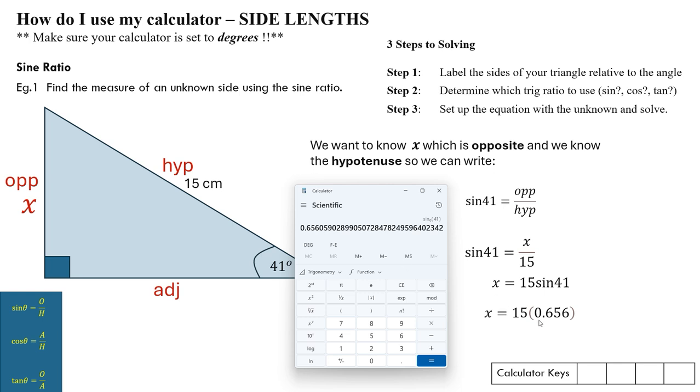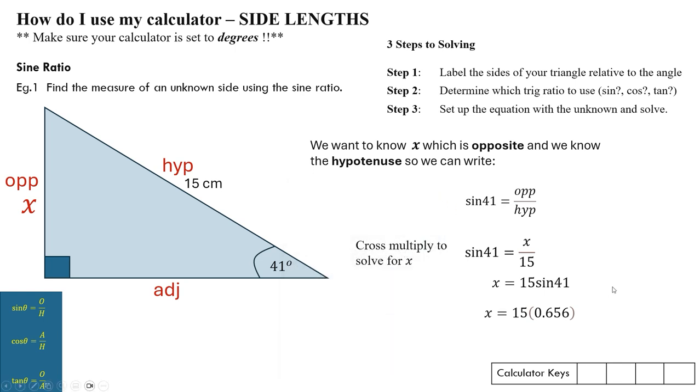So we can take this 0.656 value, multiply it by 15, and this gives us 9.84, which we can round off to 9.8. So we can say that our side x is 9.8 centimeters in length.